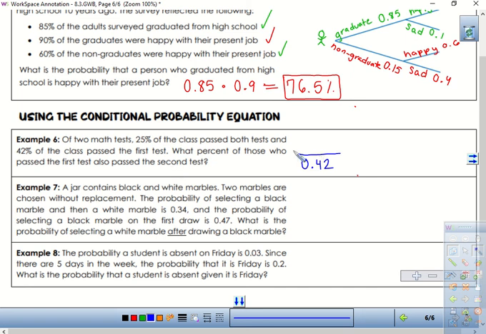So what decimal of those students passed both? 0.25. So the ones who passed both over the ones who passed the first will tell us what percent of the students who passed the first test also passed the second, and it's about 60%, 59.5%. That's it. That's literally it.